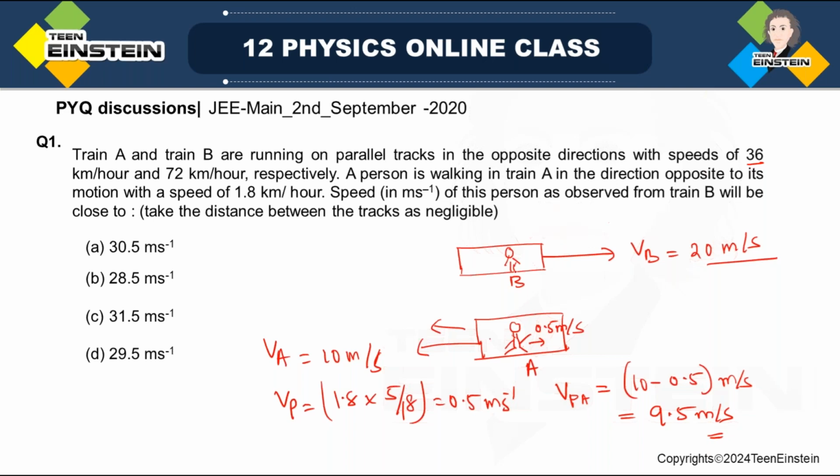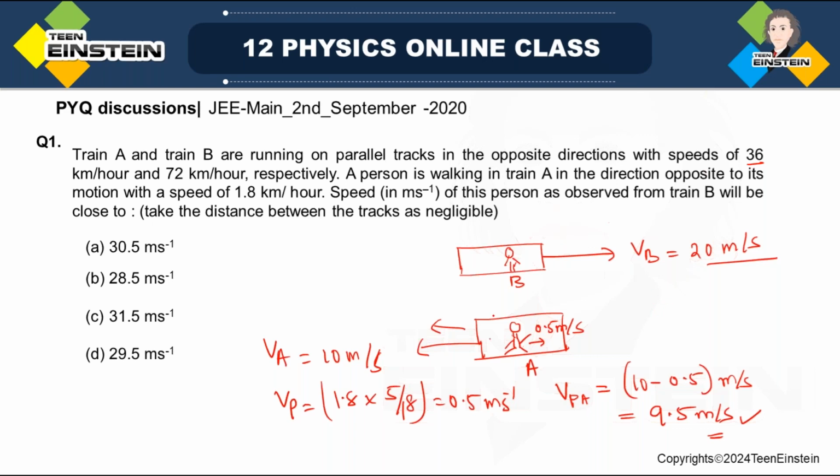Now the person sitting in the train B will look at this guy, and what will be the relative speed of this guy with respect to this? This is the speed of the person with respect to the train, and now I see the relative speed.